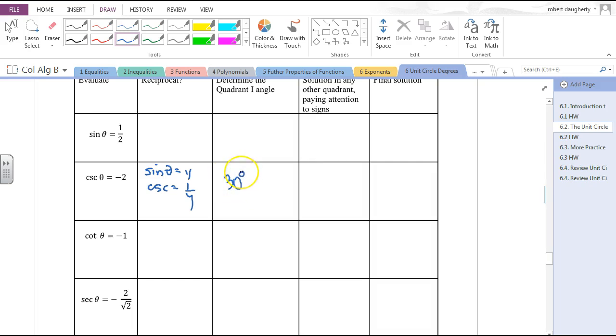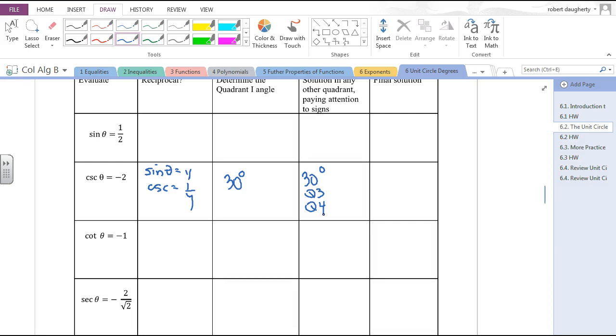Now, cosecant and sine, what's in front of that 2? A negative. Where would I expect to get negative values out of sine and cosecant? Third and fourth. So this is a 30-degree angle in quadrant 3 and quadrant 4, because sine is negative there.